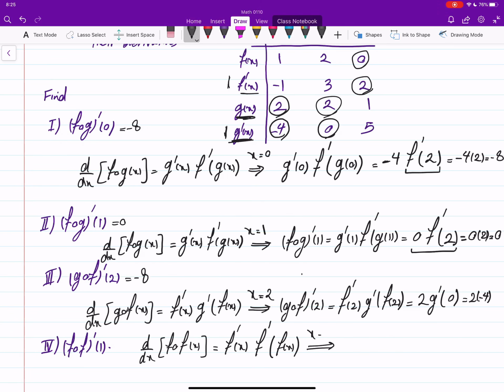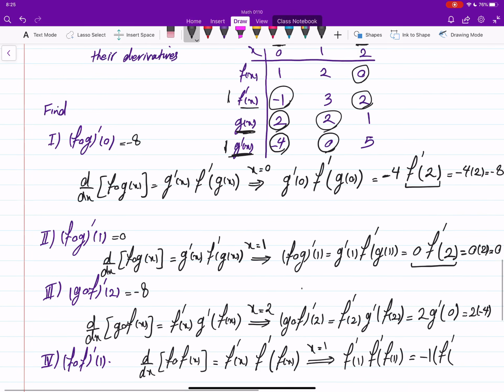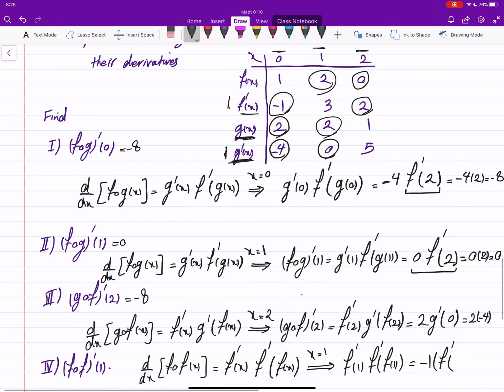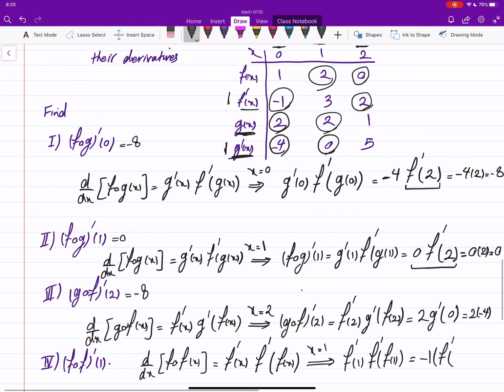Set x equal to 1, so we have f prime at 1 times f prime at f of 1. Use the table. F prime at 1 is this guy, so it is negative 1 times f prime at, what is f of 1? F of 1 is this guy, so it is 2.